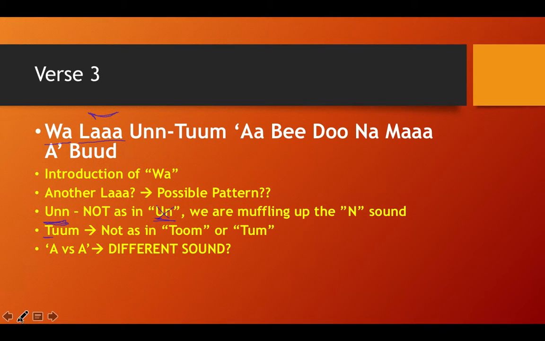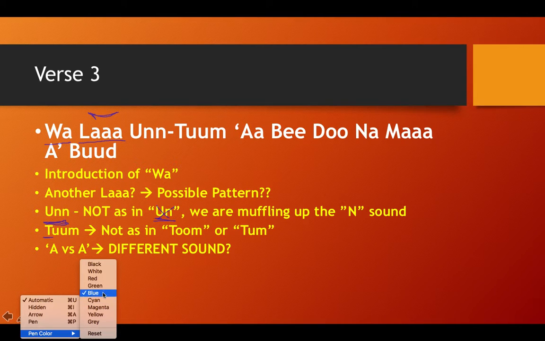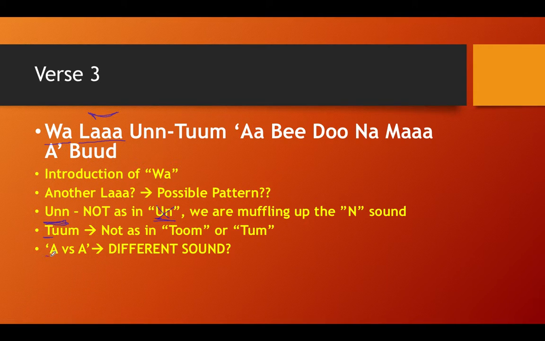Now we see different positions of the apostrophe. Over here we see the apostrophe before the vowel, and then we see the apostrophe after the vowel. There is a much different sound for each of them. If you see the apostrophe before the vowel, that means the interruption is before the vowel begins.